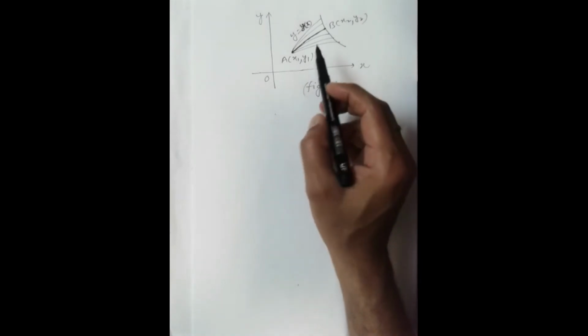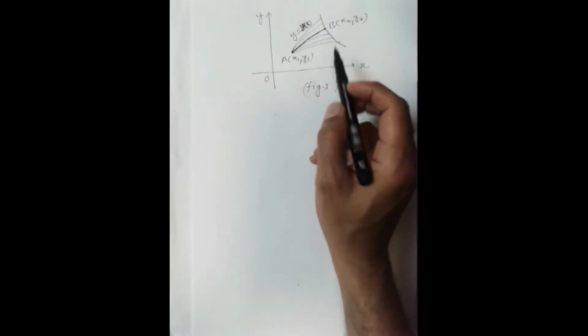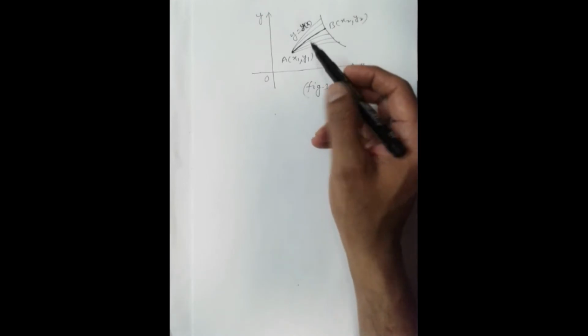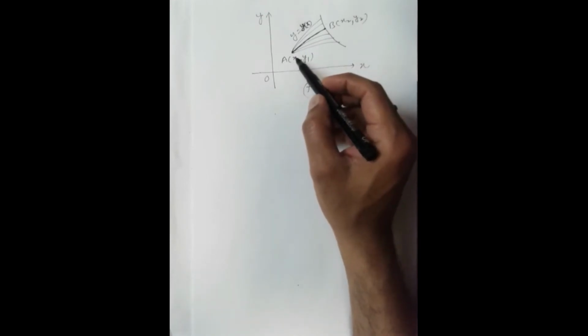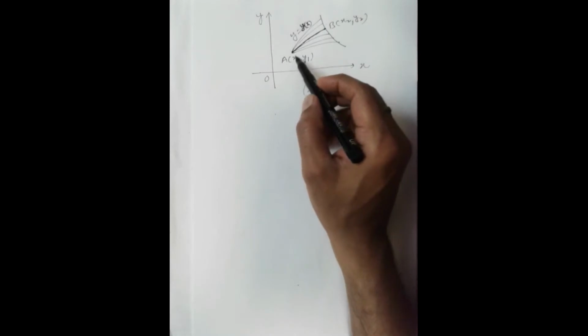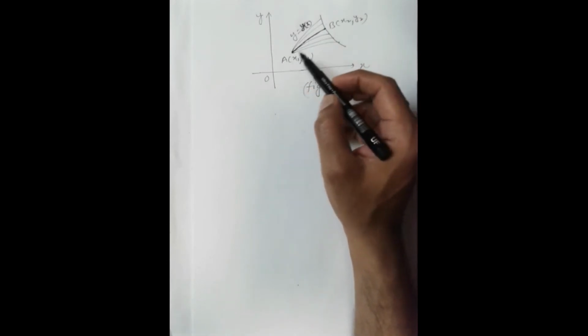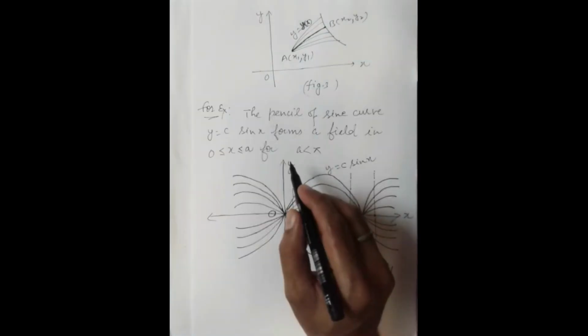We can see a pencil of curves in this figure. Point A is fixed and the family of curves passes through this fixed point A.